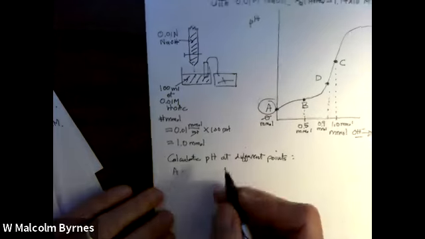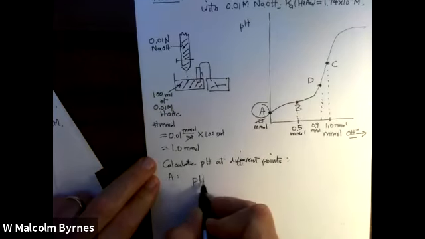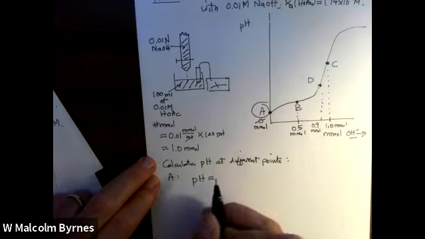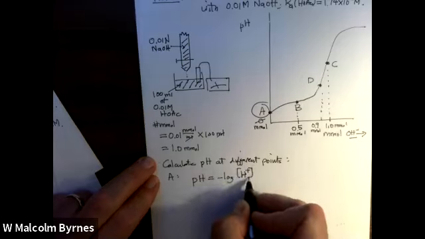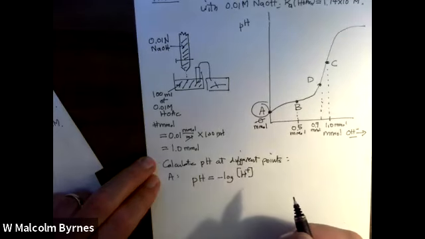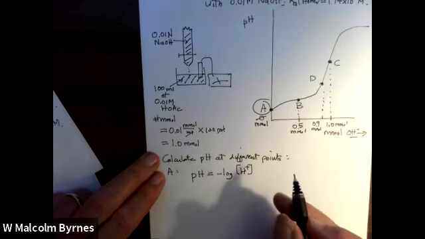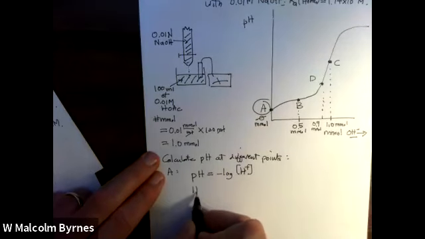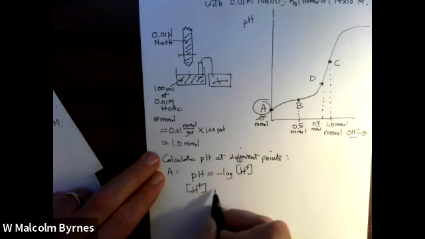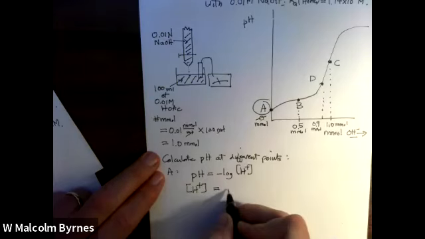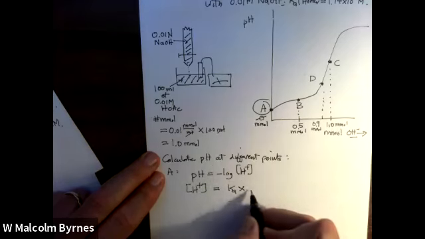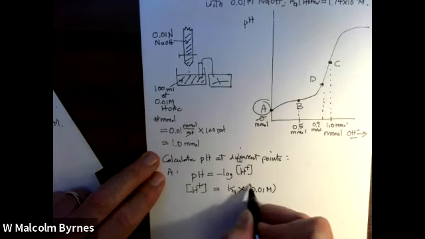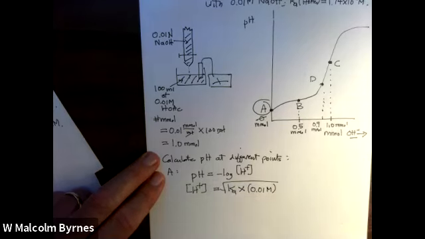We know that the pH is equal to the negative log of the hydrogen ion concentration for the weak acid when it ionizes in solution. And we know also that the hydrogen ion concentration is going to be equal to the square root of Ka times 0.01 molar.